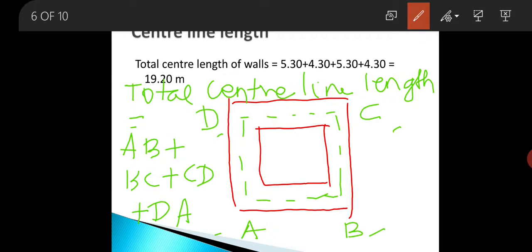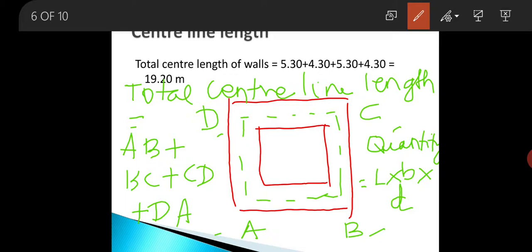And as per this method, the second step is, in order to get the total quantity with this center line length, we will multiply the corresponding breadth and depth of the item.